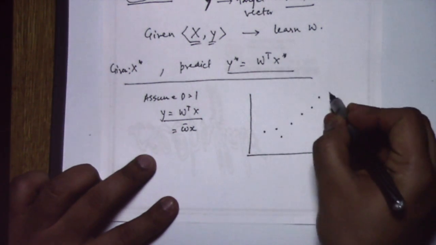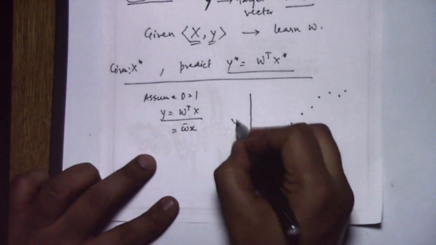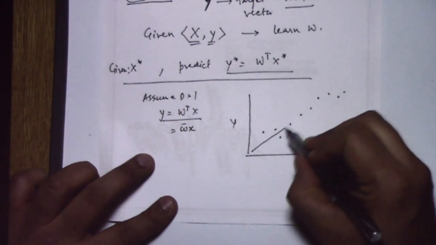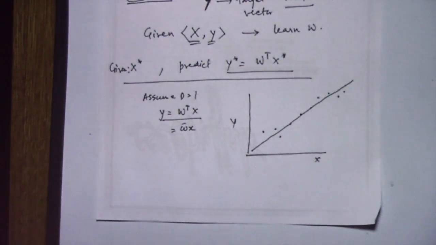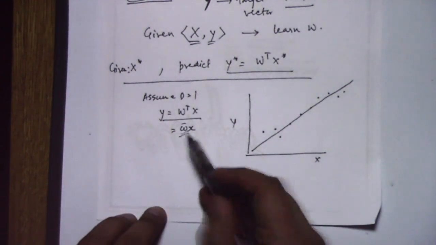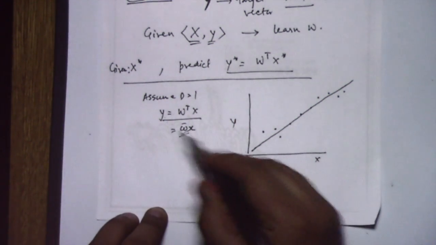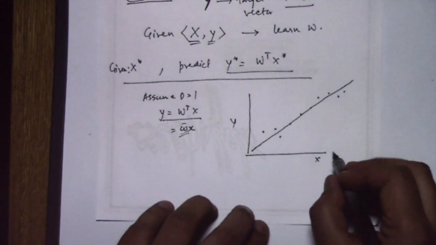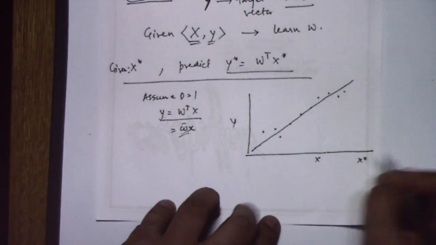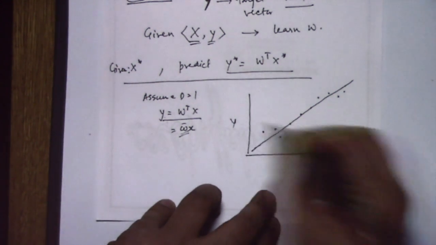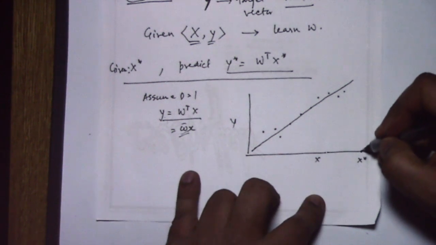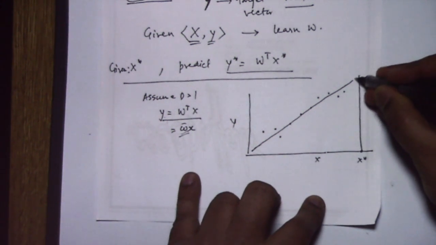I have 2 points, so your x and y. The equation of this line will be given by this. So now if I give you a new x star and ask what will be the value of y at x star, you can essentially take this.